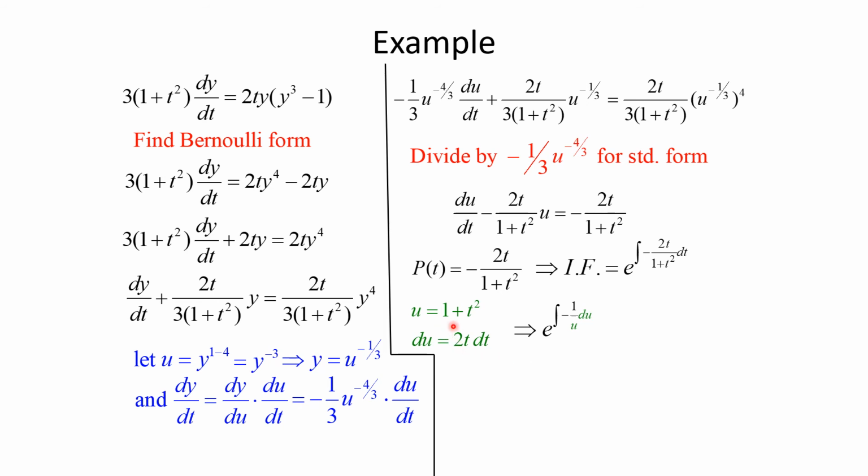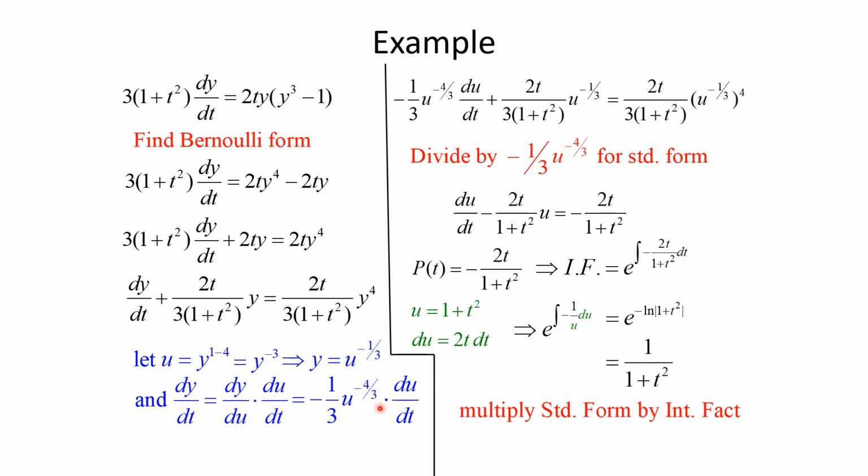That means we have e raised to the integral of negative 1 over w dw. And so that's going to be e to the negative natural log of w, or e to the negative natural log of 1 plus t squared. We can move the negative sign up into the exponent inside the logarithm, and then the e and the natural log will cancel out, so our integrating factor will be 1 over 1 plus t squared.